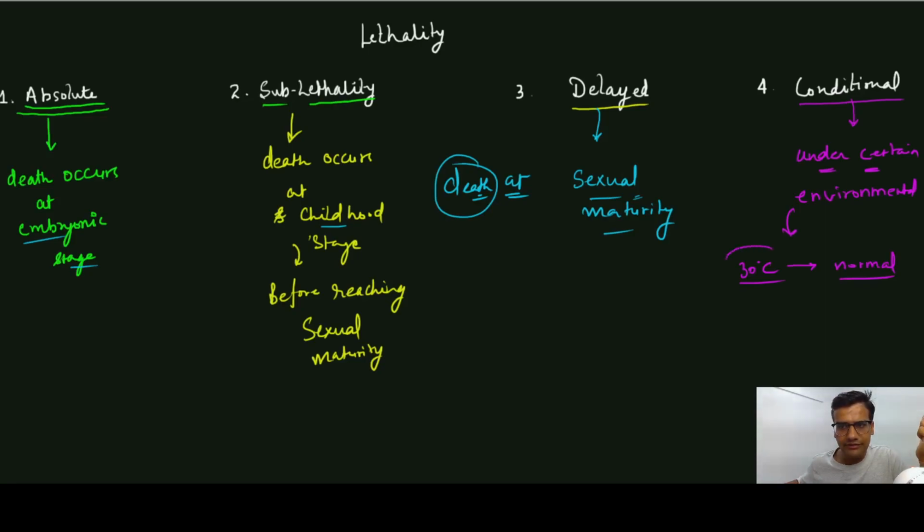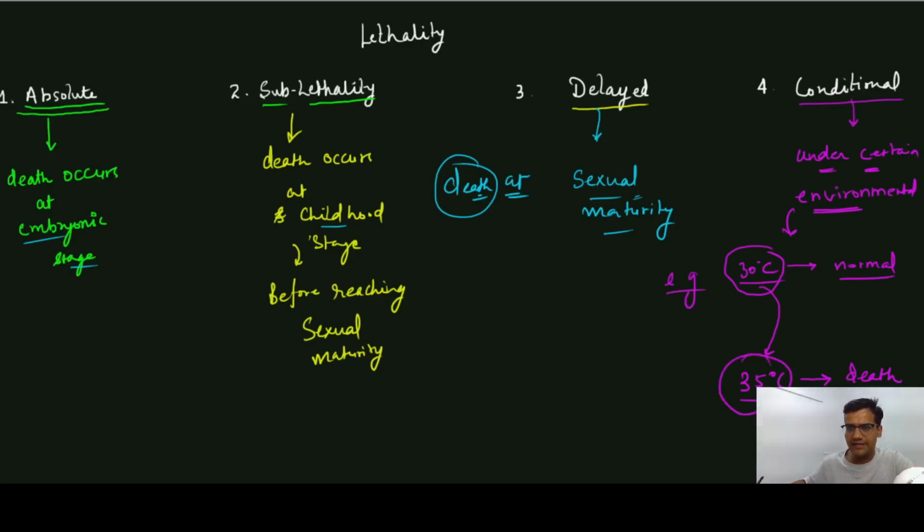But if this particular environmental condition is switched to another condition, let us say you raise the temperature by 5 or 10 degrees Celsius, to 35 or 38 degrees Celsius, then there occurs the death of the organism.